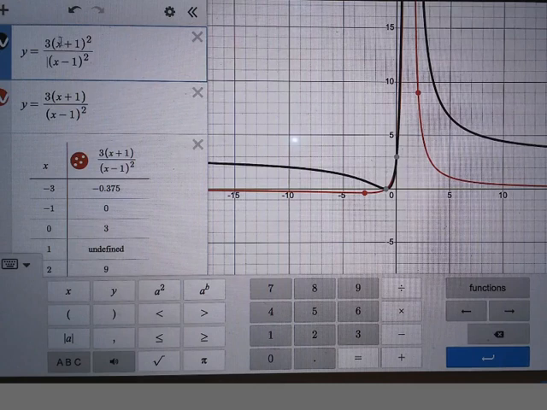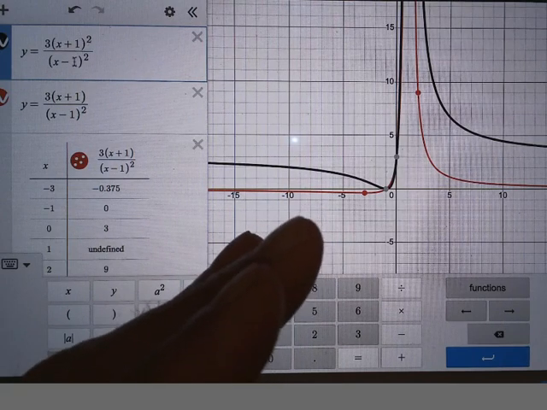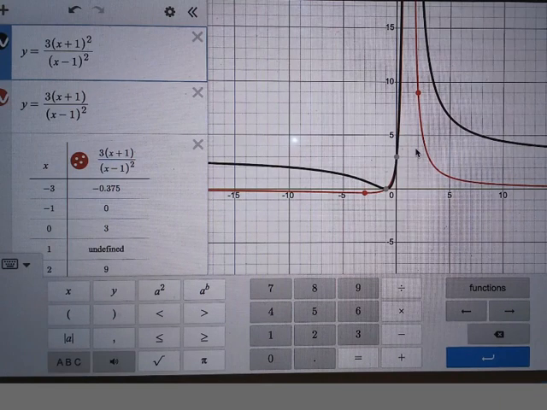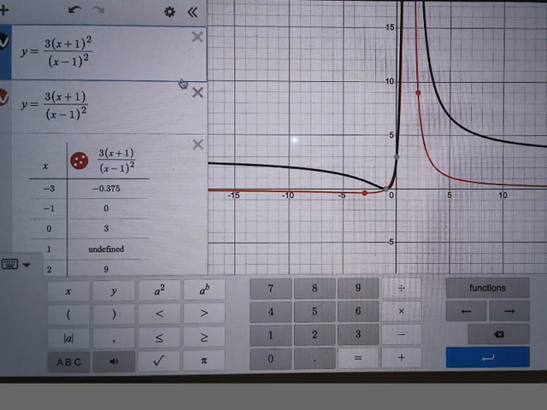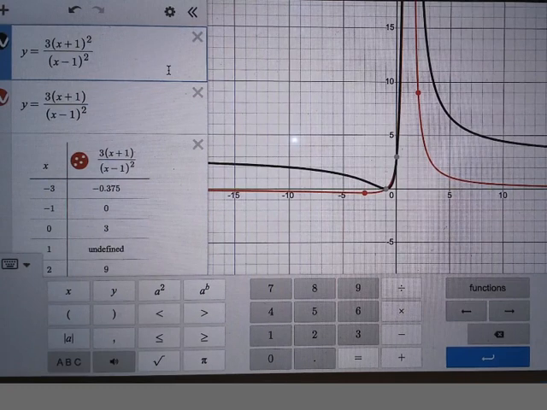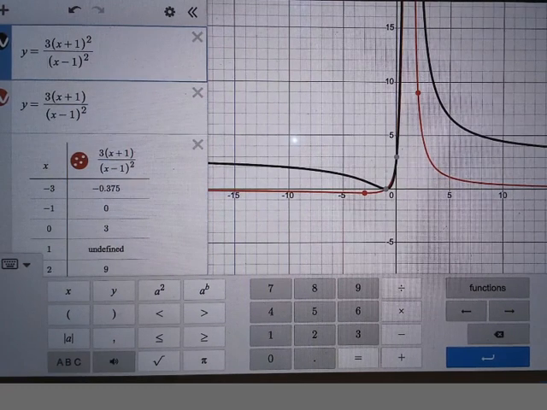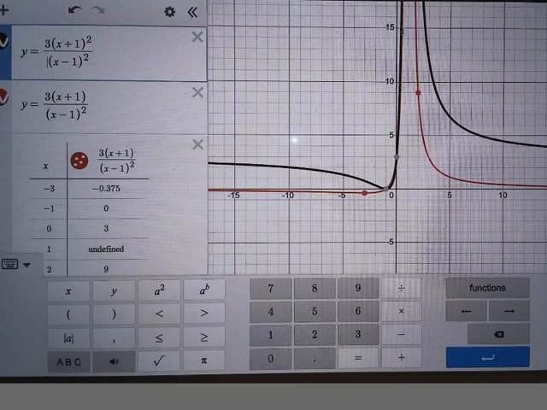And if the degree of the numerator is 1 more than the denominator, it'll approach a slanty line that you get by either synthetic division or long division to figure out the equation of that oblique or slant line asymptote. Okay? Those are the main things that we've learned up till now in 153 about rational functions.